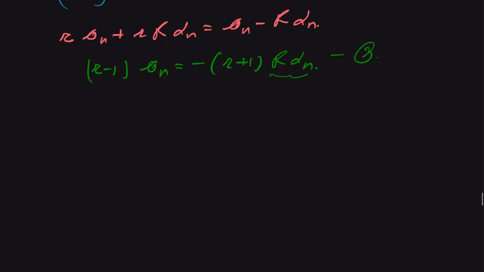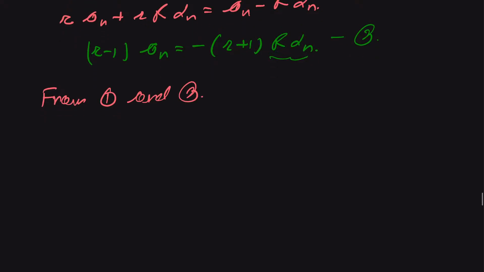Therefore, we can say from equation 1 and 2, we get r alpha of n is equal to minus r minus 1 divided by r plus 1 times a of n.